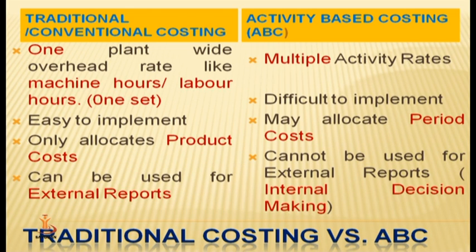What is to be done, how the cost is to be reduced, how the cost is to be controlled, what are the ways to reduce and control the cost, how the overhead cost is to be minimized, what are the causes for which the overhead costs are incurred. So this way, activity based costing is helpful for internal decision making.